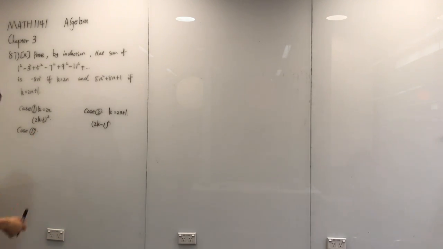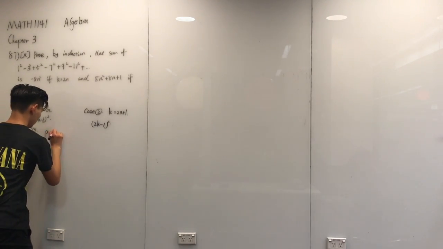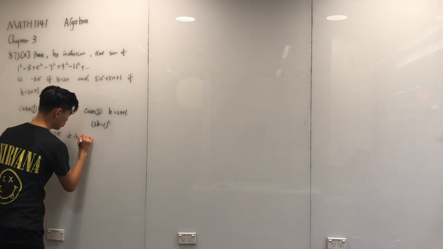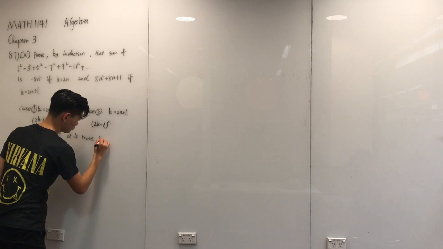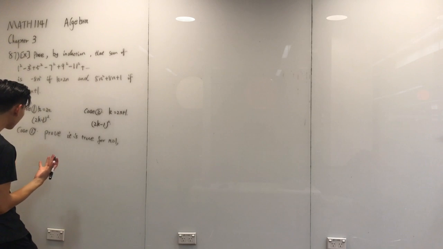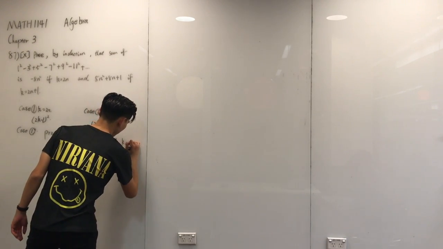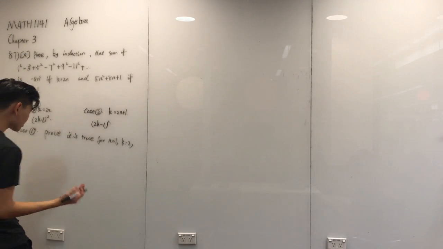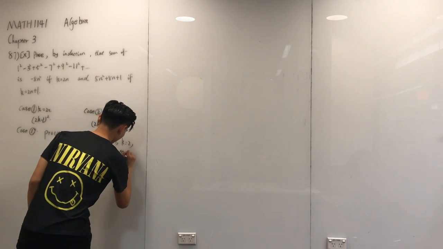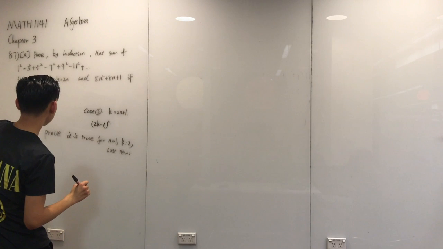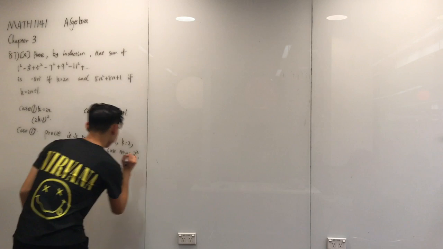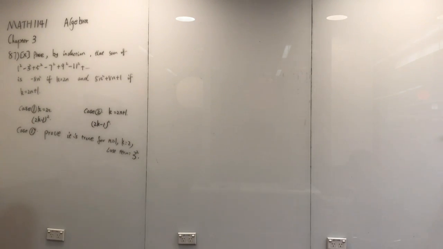We need to prove it is true for n equals 1, which means k equals 2, which means the last term will be 2 multiplied by 2 is 4, 4 minus 1 is 3, so it will be 3 squared, right?